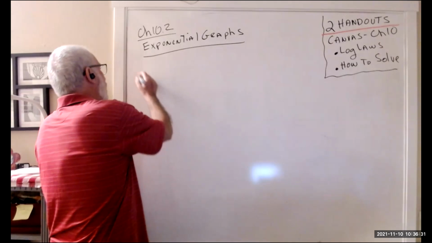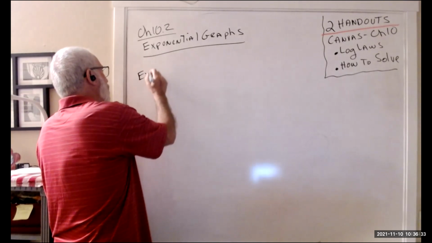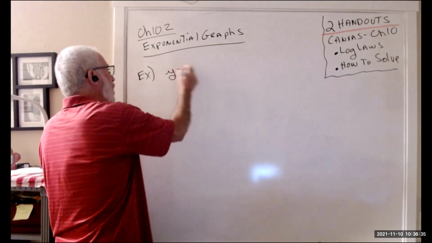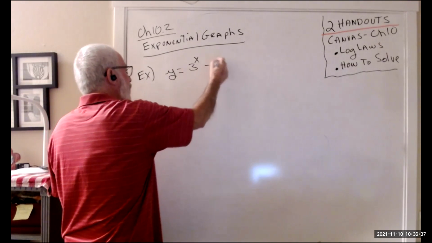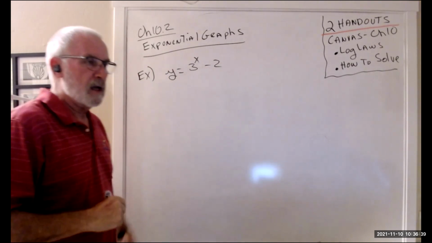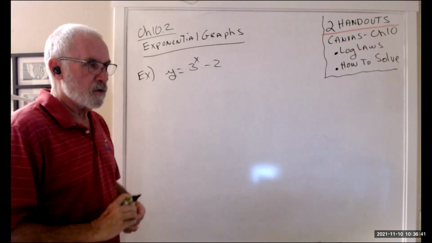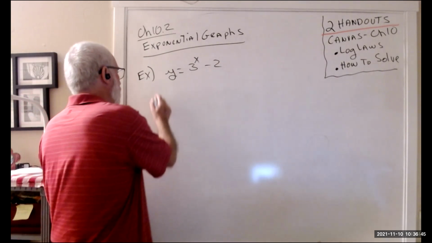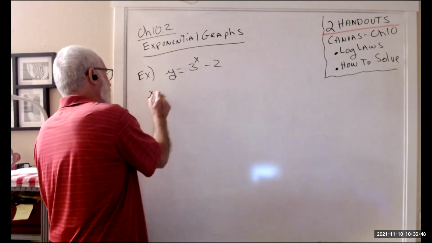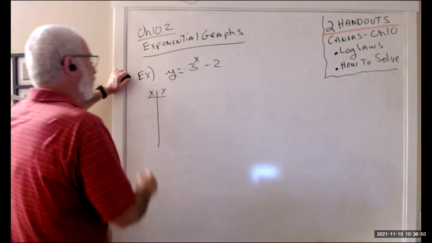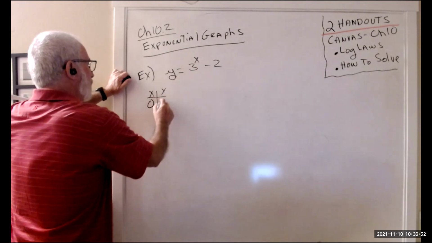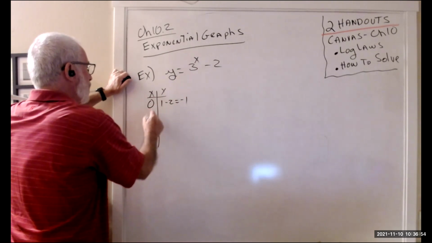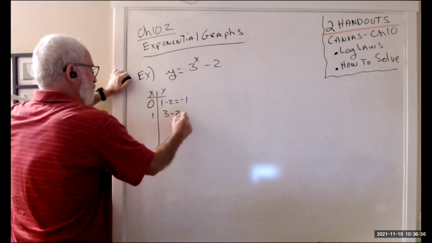And I did, for example, something like y equals 3 to the x minus 2. And I suggested to you that the easiest way to do this right now is just simply build a table of values and plug in some numbers. If x is 0, this becomes 1 minus 2, which is -1. If x is 1, this is 3 minus 2.